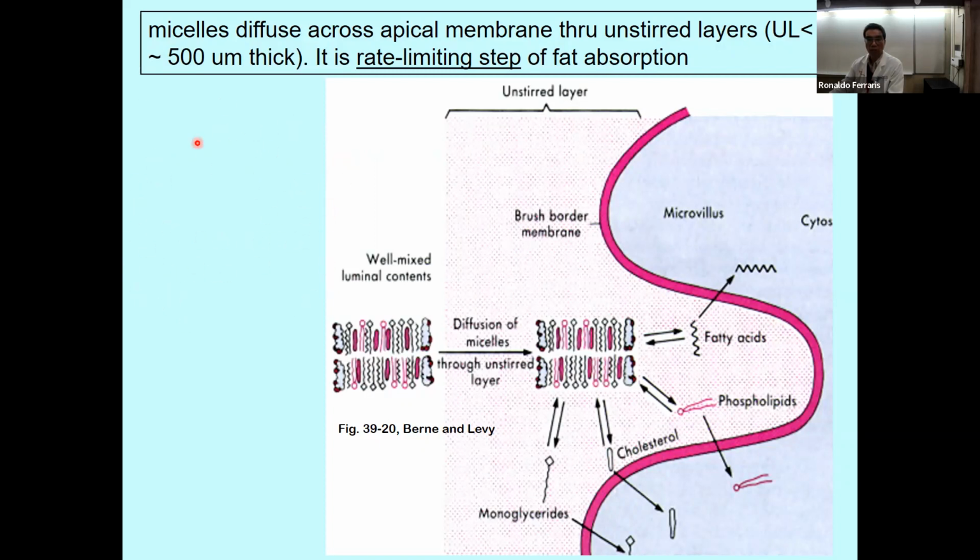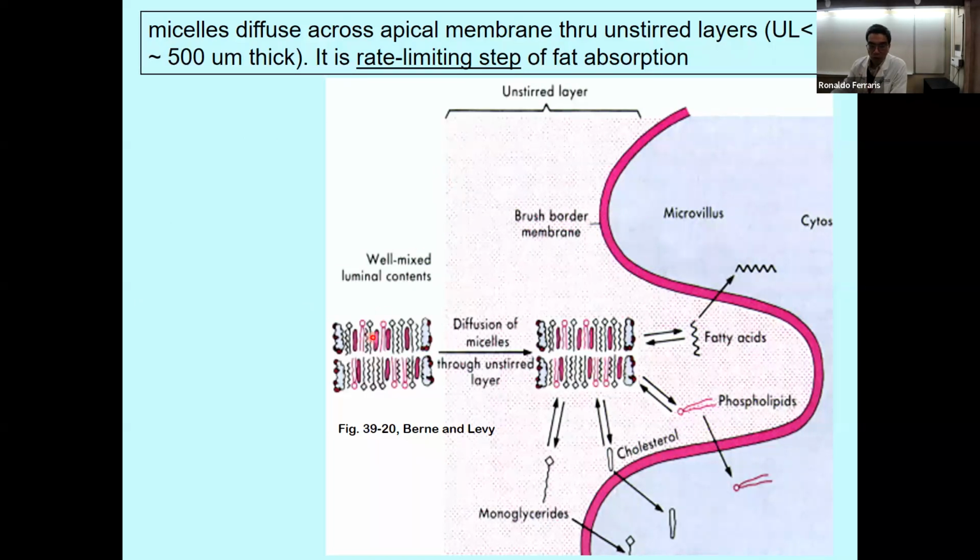This is where the flow from mouth to anus is fastest in the middle. But right here on the very top of your intestinal absorptive cells is an unstirred layer, and this is aqueous solution.